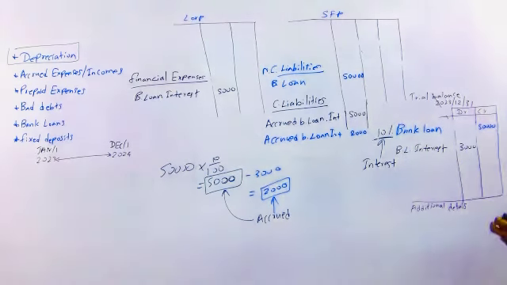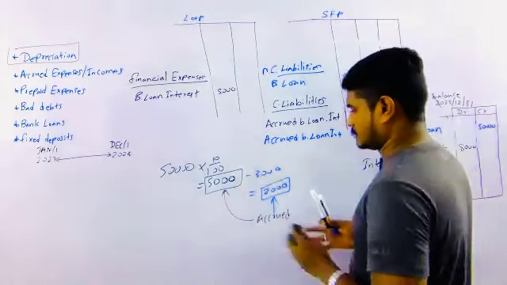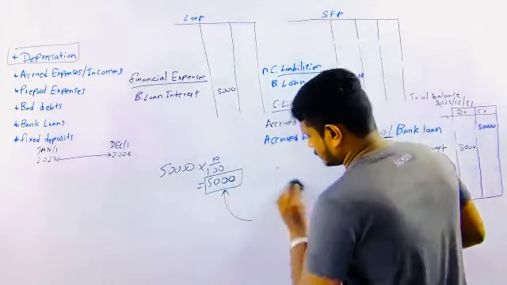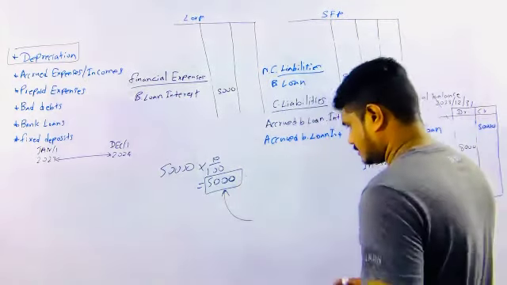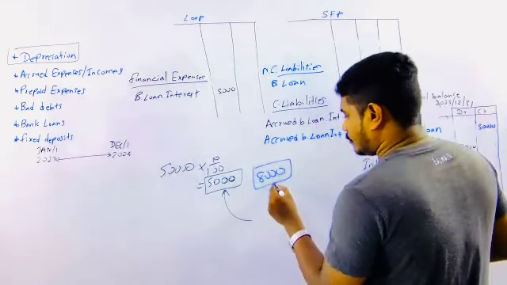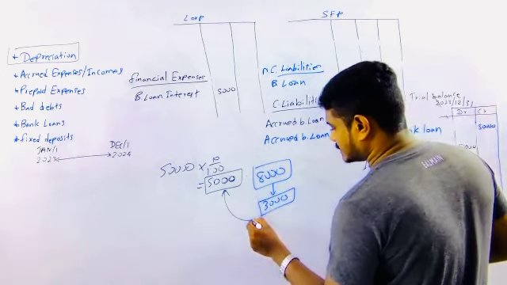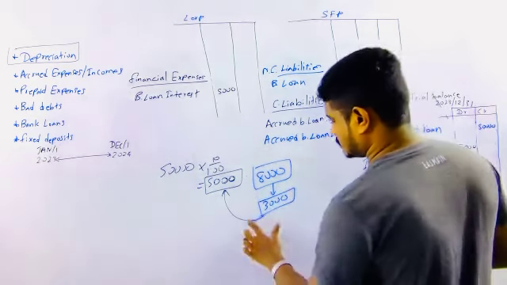If they mention that they have paid 8,000, then what happens? The expense is 5,000, but they have paid 8,000. It means they have paid an additional 3,000 for the future.